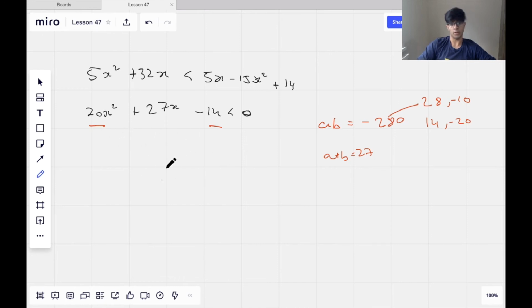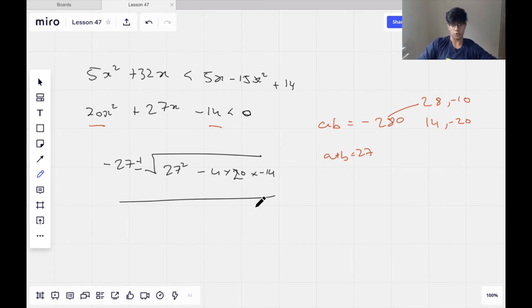to the quadratic formula. So quadratic formula, we have minus b, minus 27, plus or minus the square root of b squared, which is 27 squared, minus 4 times 20 times minus 14, all over 2a, which is over 2 times 20.